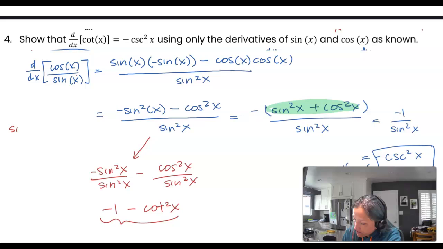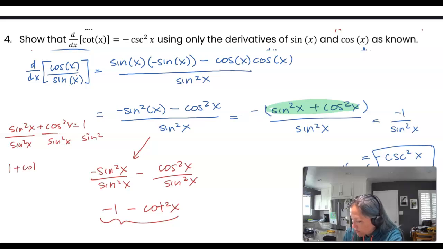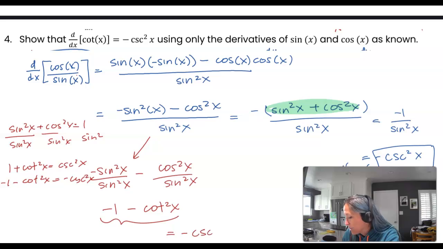If we'd taken that original sine squared x plus cosine squared x is equal to 1 identity, divided everything by sine squared of x, we would realize we have 1 plus cotangent squared of x is equal to cosecant squared of x. And so if we multiply all of that by negative 1 on both sides, we end up with 1 minus, that's what we have here. So this is equal to negative cosecant squared of x. A different way to get there, right?